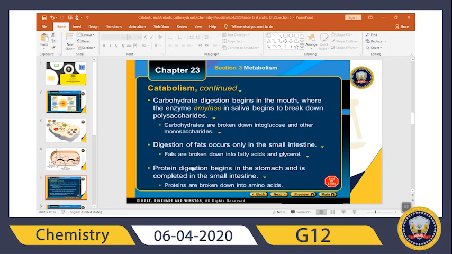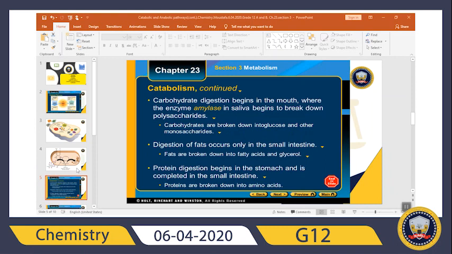As you know, we have different types of monosaccharides: glucose, galactose, and fructose. Okay, this is the first biological compound and its pathway of digestion.